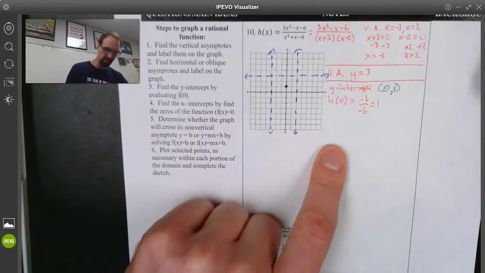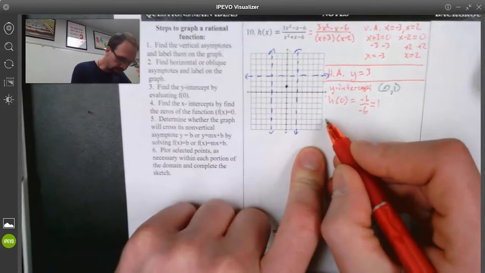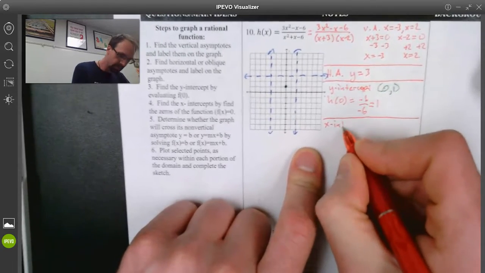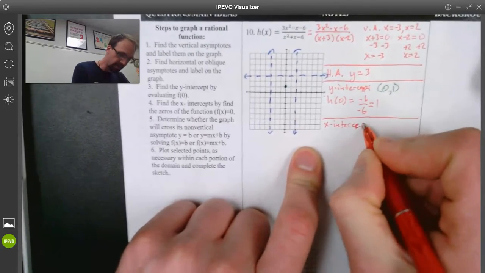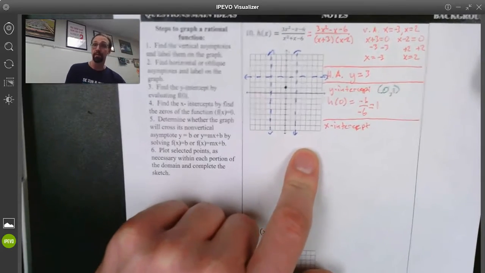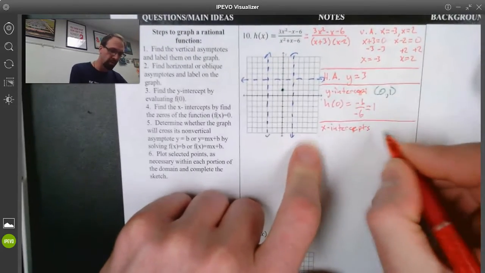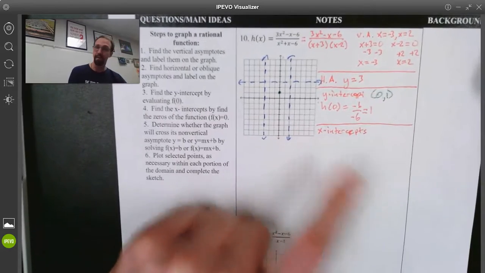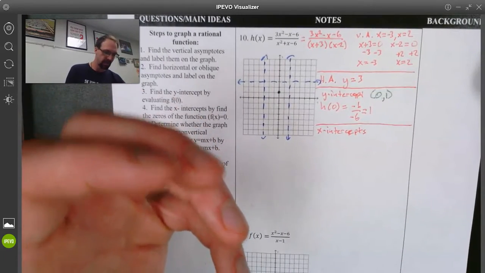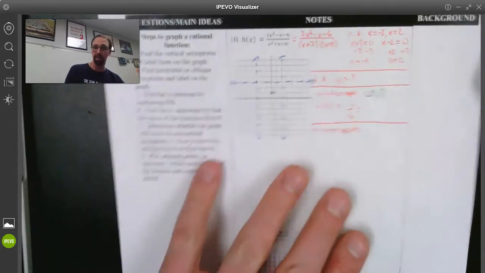Okay. Find the x-intercepts. So here, remember we take the numerator, set the numerator equal to 0, then solve. I already told you that this was non-factorable, so in this case, this is just an exercise in the quadratic formula.